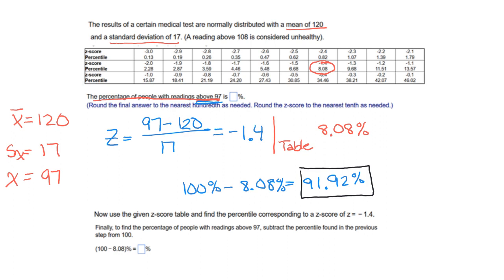So first we found our z-score to be negative 1.4, went to our table and located our answer for the below 97, below our data value. We use this information to subtract from 100%, give us the percentile above 97. So the answer is 91.92%. This concludes our lecture.